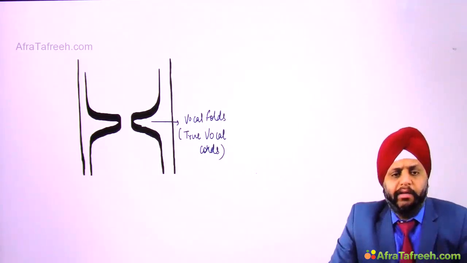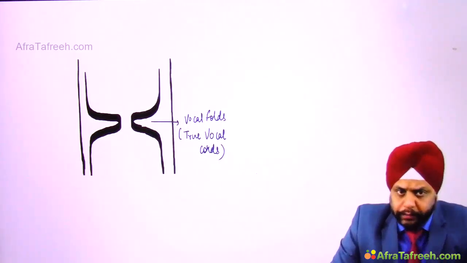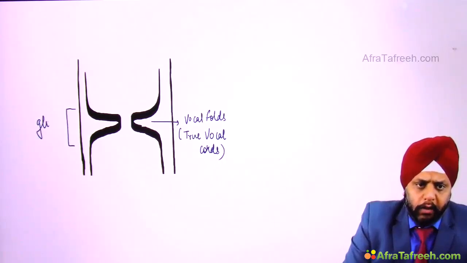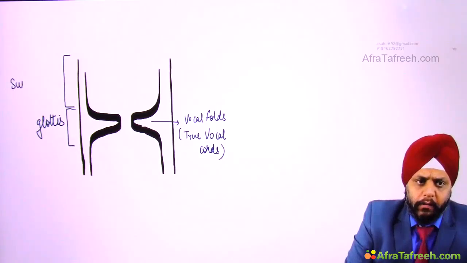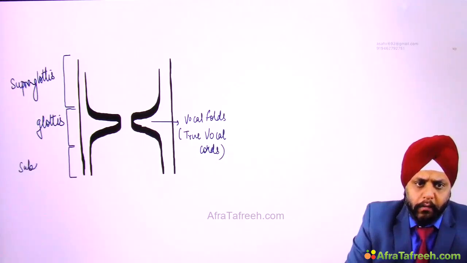But why were they called cords earlier? That we will discuss later. But we know that this part of the larynx, which has the vocal folds, is known as the glottis. The part of the larynx above the glottis is the supraglottis, and the part below the glottis is the subglottis.